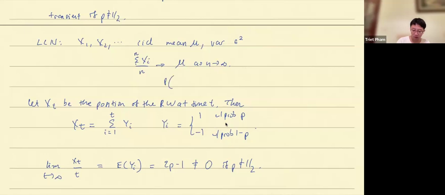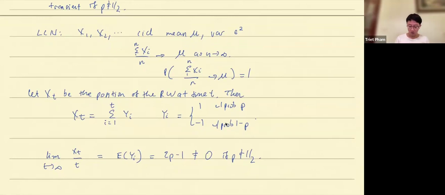So here it really means that the probability that the sample average over n converges to mu is equal to 1. With probability 1, this average always converges to mu.